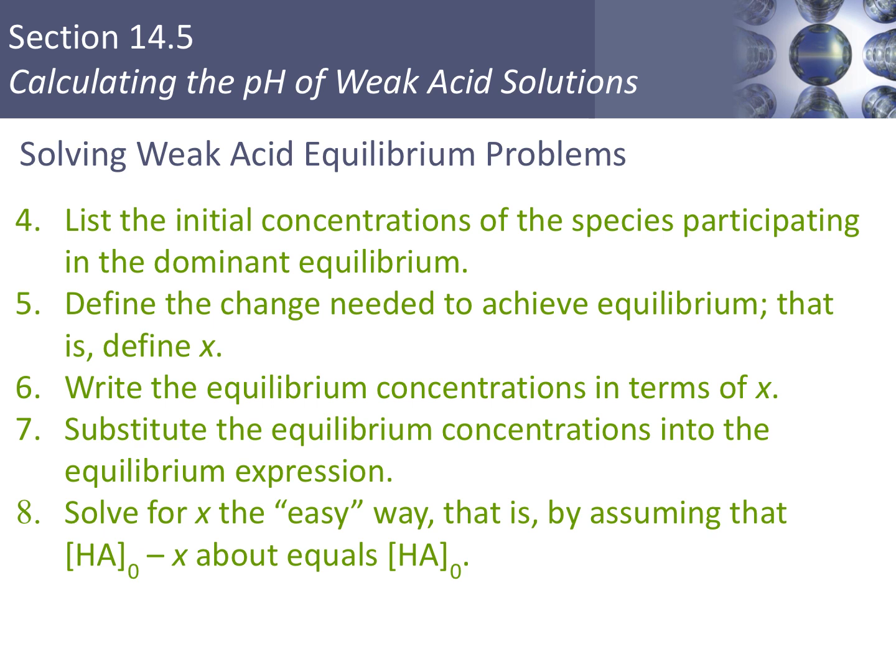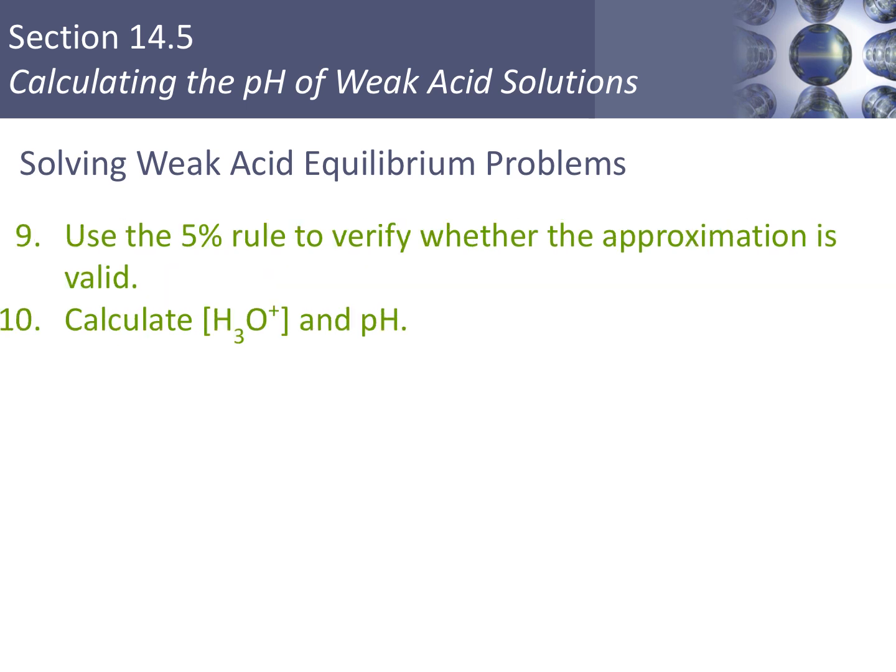We'll look at initial concentrations. We'll define changes in concentration in terms of X. We'll substitute into our equilibrium expression and try to solve for X. We will see if we can solve for X the easy way by just treating the initial concentration as being essentially unchanged instead of the initial concentration minus X. We can double check when we're all done solving for X with the 5% rule to make sure that was a valid way to solve the problem.